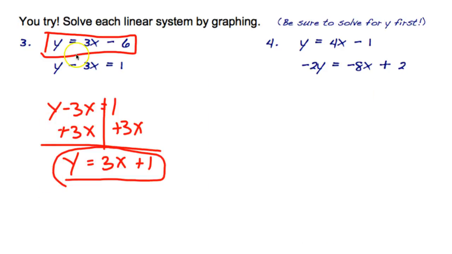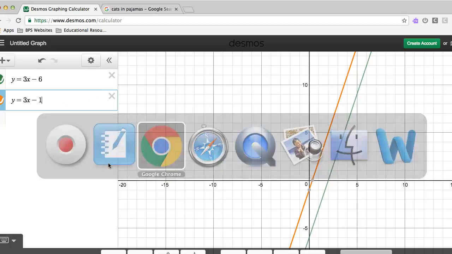Alright, so this first one, the first equation was already solved for y: y equals 3x minus 6. So I took the second one, y minus 3x equals 1, and I solved for y. I did plus 3x on each side. These 3x's canceled. So I have y equals 3x plus 1. So then I graphed y equals 3x minus 6 and y equals 3x plus 1.